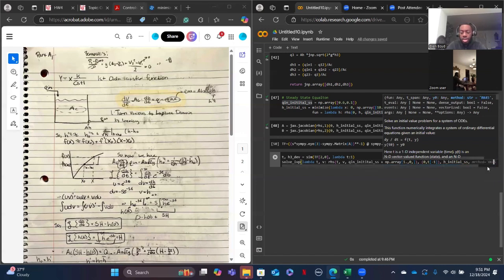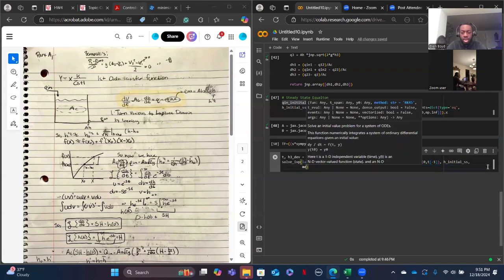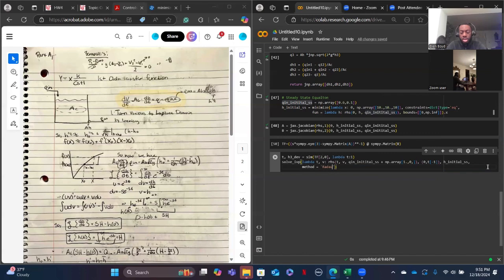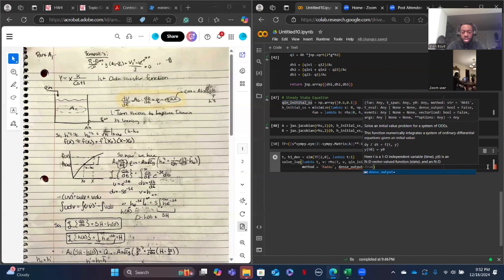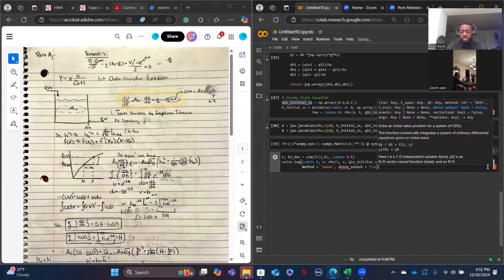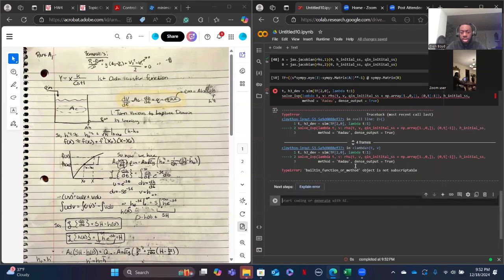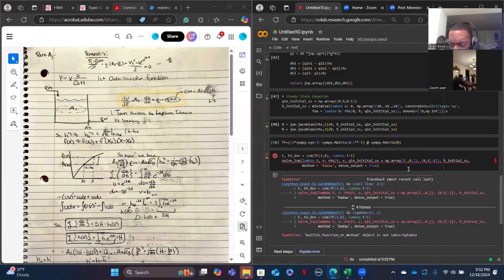Then we have our method, which is just RK45. And then since this is a continuous function, we get the state that is true. Okay, so this should be good. Hopefully this works. So enter. No. Boolean function is what's wrong?